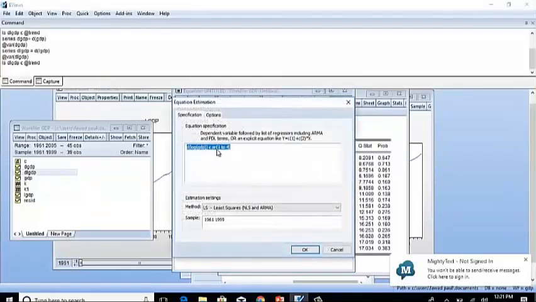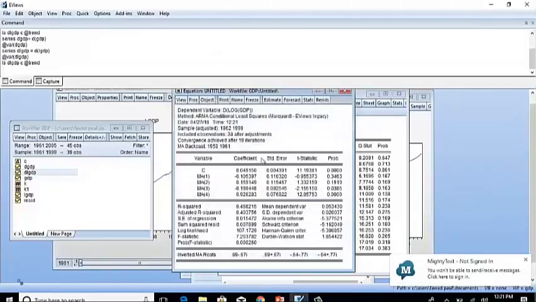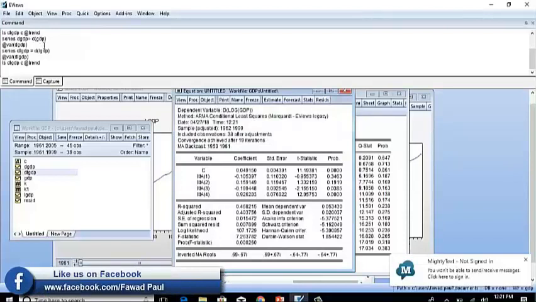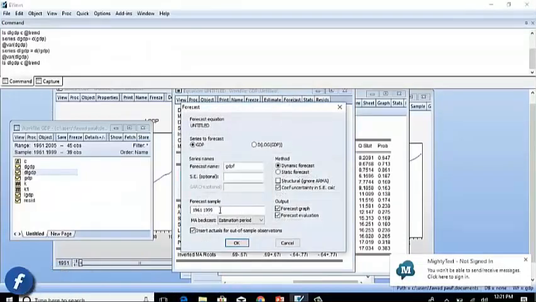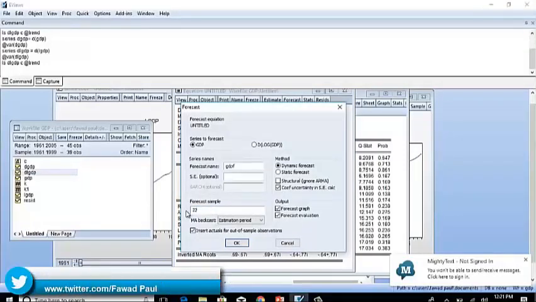So let's calculate. Convert to MA, go to forecast, and forecast the values from 2000 to 2005.